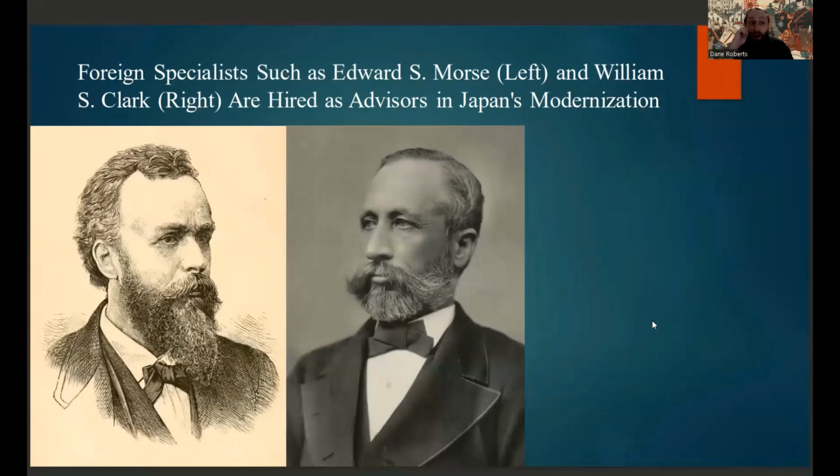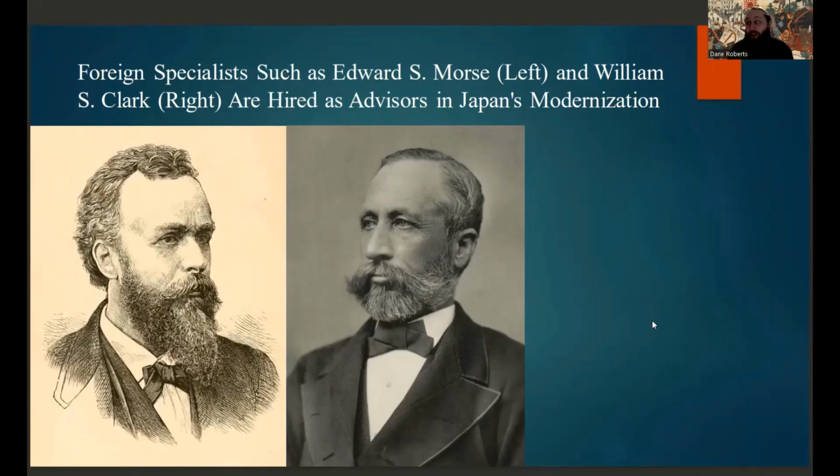Japan would also hire several dozens of foreign specialists, such as Edward S. Morse and William S. Clark, as advisors in Japanese modernization, where they would help both discover certain natural resources to industrialize on, and would help build new industries. These specialists would come from the U.S., Britain, France, Germany, etc., and they would pay them very heavily.